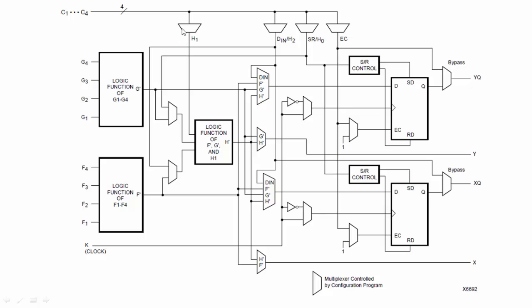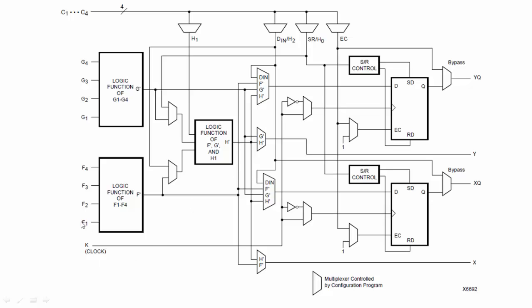With the help of these mux, you are choosing one of them which is available at the input of the function generator H. Also the other C1 to C4 lines selected by these two multiplexers, you can select them using these mux and they can appear here also. So this H function generator is also a similar type of function generator as the F and G, and gives you the output H dash.